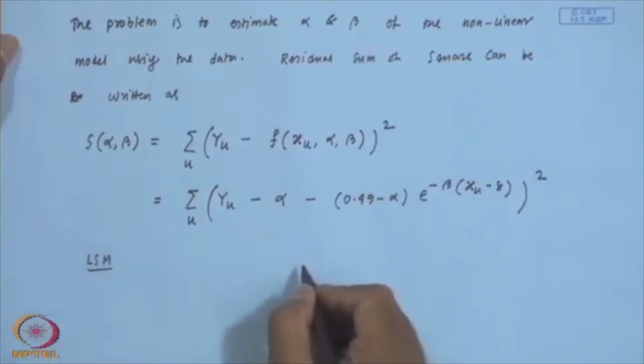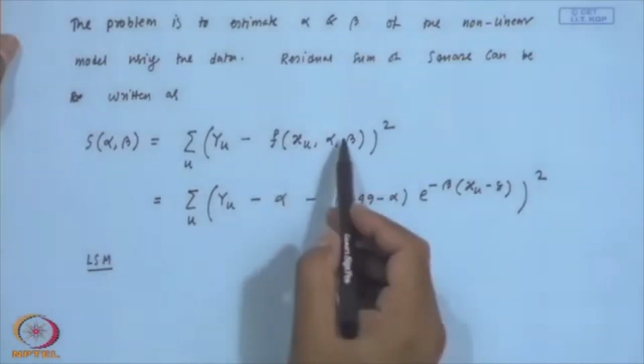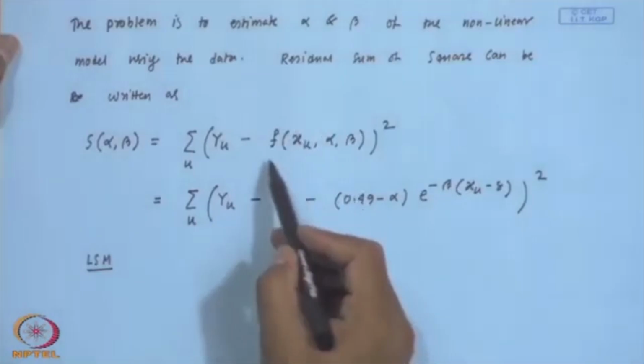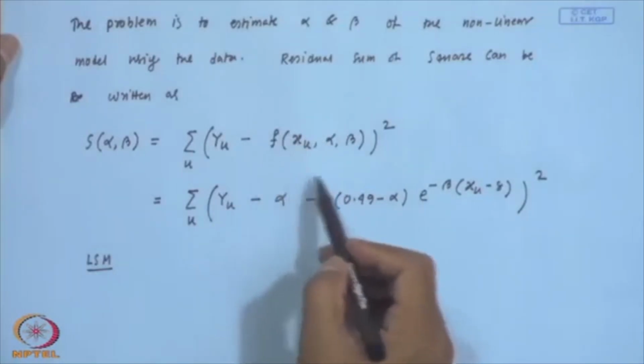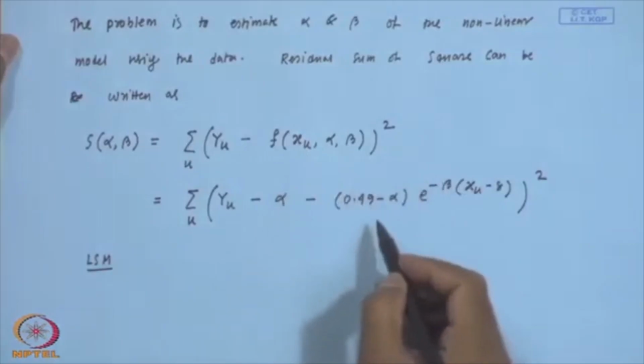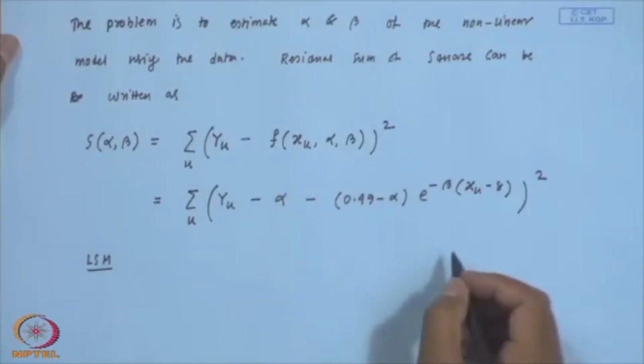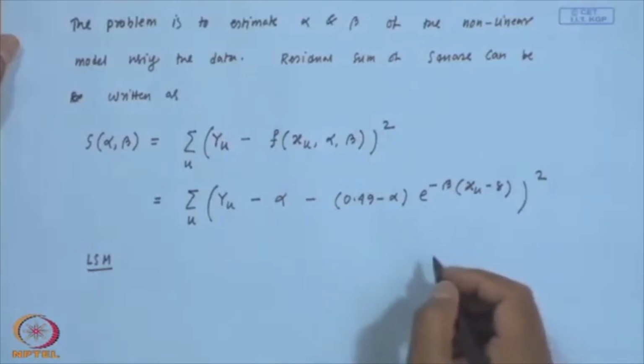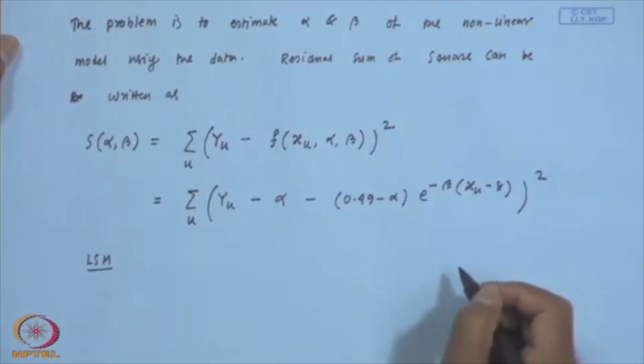Now, since the given function f, or the model, is nonlinear, the normal equations are going to be nonlinear, and it is very difficult to solve a system of nonlinear equations.